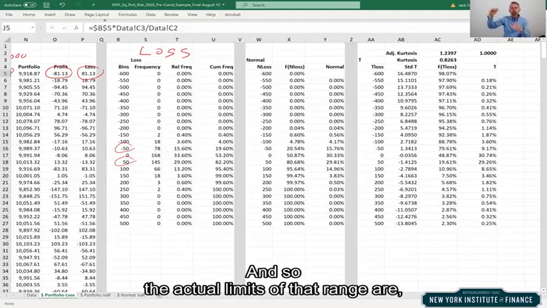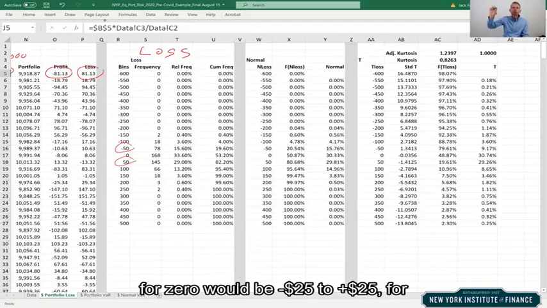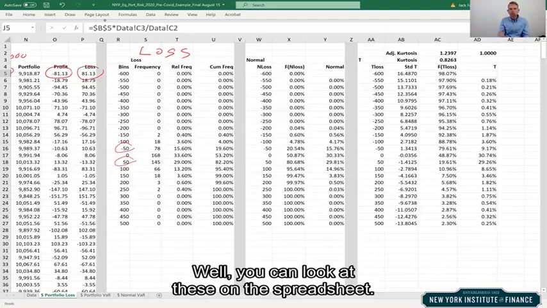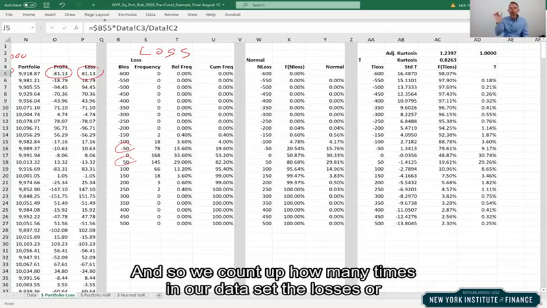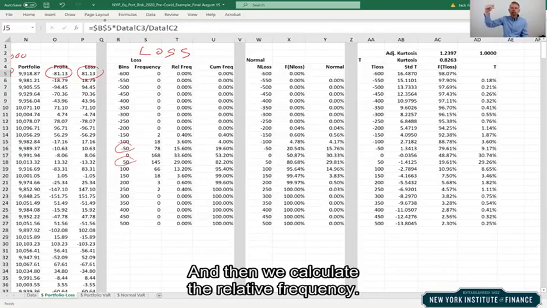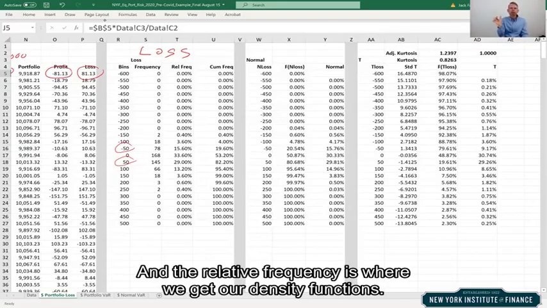And so the actual limits of that range are, for 0, it would be minus $25 to plus $25. For minus $50, it would be minus 25 to minus 75, and so on. But you can look at these on the spreadsheet. And so we count up how many times in our data set the losses or gains occurred in those buckets or bins. And then we calculate the relative frequency. And the relative frequency is where we get our density function.